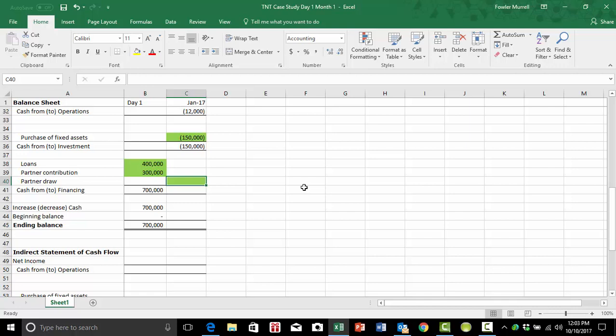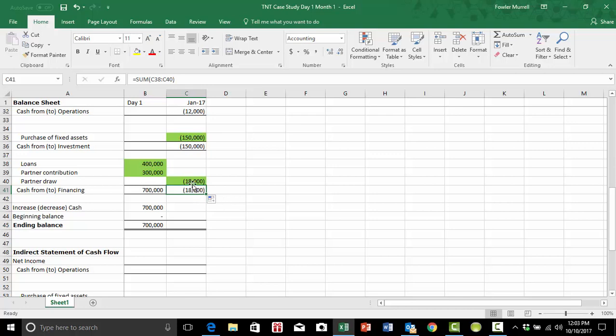We have 3 partners, so total partners draw is $18,000. Now, that's cash going out, so minus $18,000. So the total there is that sum. Now, if we have this working, we can probably drag this formula over. And then we have the minus 18,000.